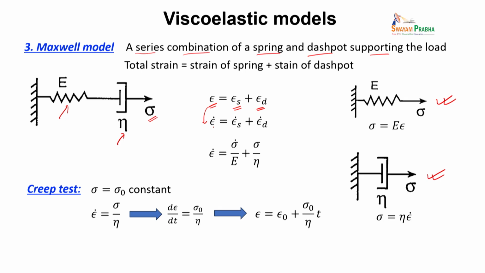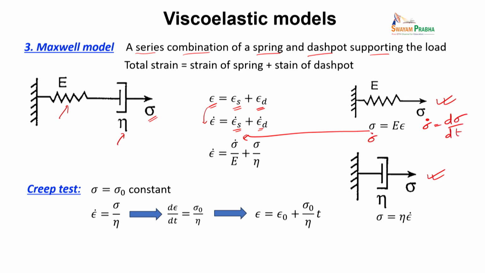So the rate of change of total strain is nothing but the rate of change of strain due to the spring plus the rate of change of strain due to the dashpot. If I take the time derivative, I put a dot to say this is d sigma by dt, a time derivative.